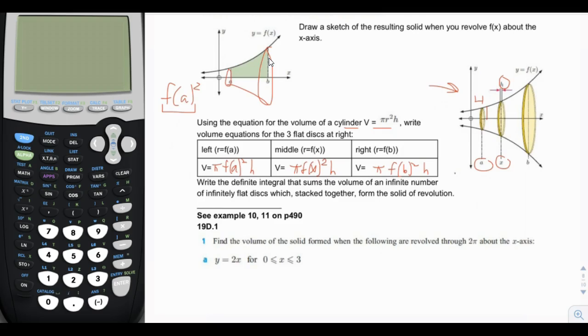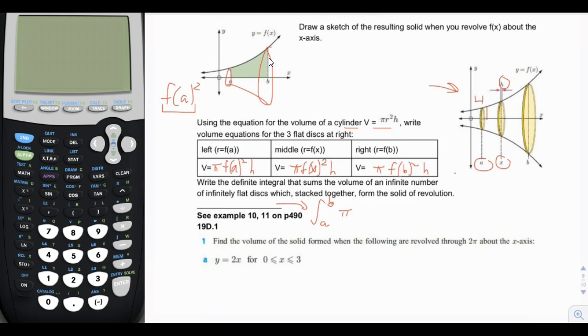Write the definite integral that sums the volume of an infinite number of infinitely flat disks which stacked together form the solid of revolution. Okay. That's going to be not enough space there, so I'm going to integrate from a to b, and I'm going to put the cylinder equation here.